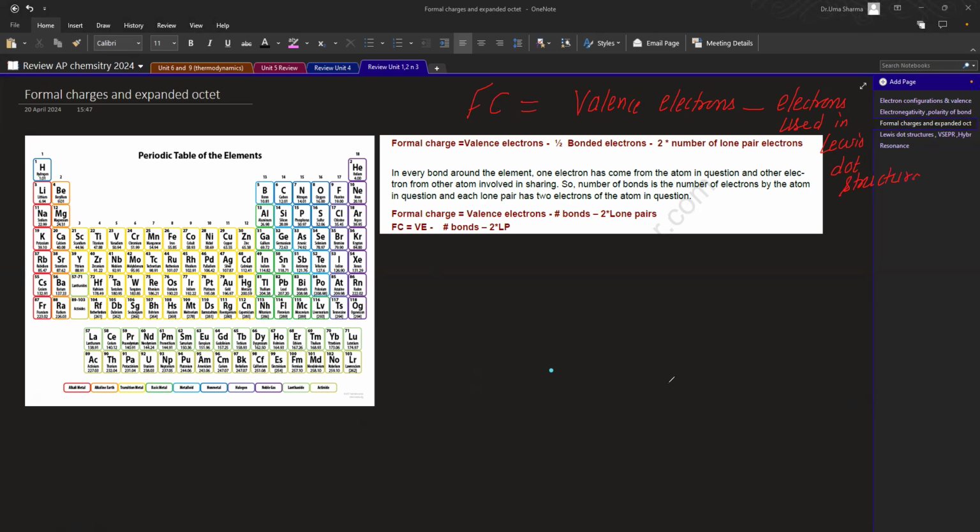Now let's see. H, O, H. Look at this oxygen. How many valence electrons are there on the oxygen? Remember, sixth family, sixth group. 6.